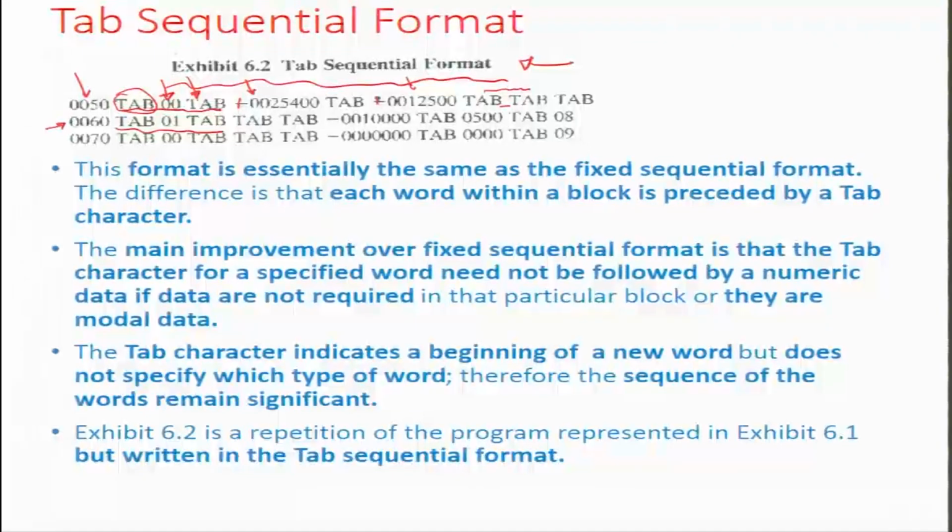If you have 2 tabs in sequence, it automatically takes the previous value. For example, in this case the x axis motion, the y axis motion, and also the z axis motion have been initiated by double tabs, which take the last value, and you need not worry about re-entering another line, and the program format becomes a lot simpler in comparison to the fixed sequential format. So that's one advantage that the tab sequential format has.